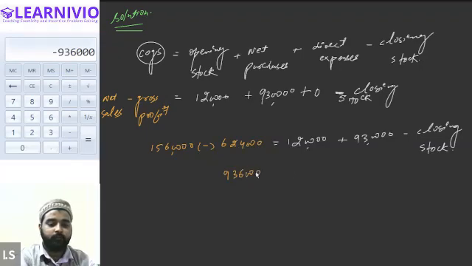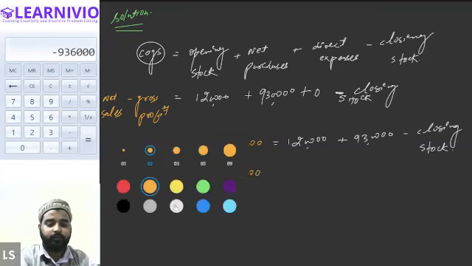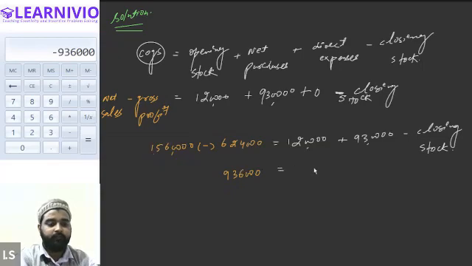And on the right side of the equation, we will have 10,50,000. And the balance will be the closing stock. Any doubt in this equation?